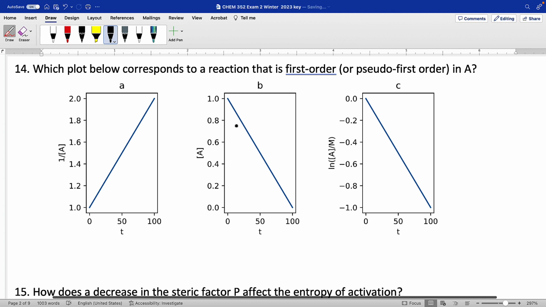Which plot corresponds to a reaction that is first order or pseudo first order in A?